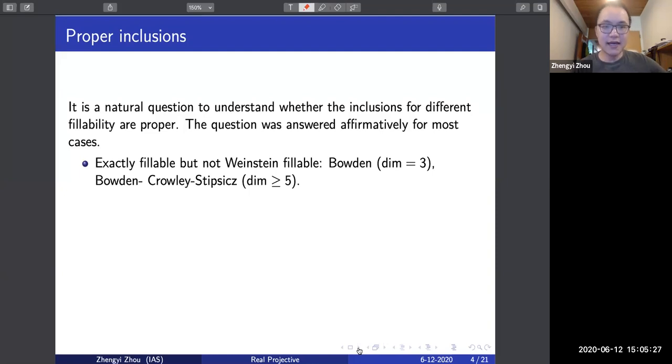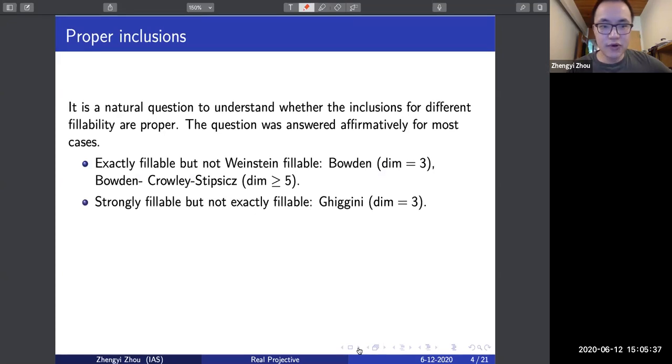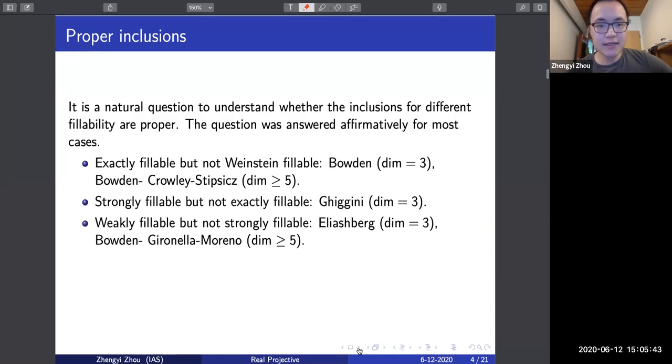For exactly fillable but not Weinstein fillable, the example was found by Bourgeois in dimension 3 and Bowden-Crowley-Stipsicz in dimension higher than 5. Strongly fillable but not exactly fillable was first found by Ghiggini in dimension 3. Weakly fillable but not strongly fillable was first found by L. in dimension 3 and Bowden, Gironella, Moreno in dimension higher than 5.